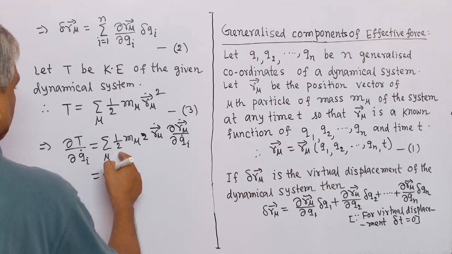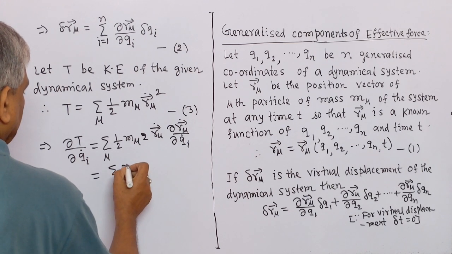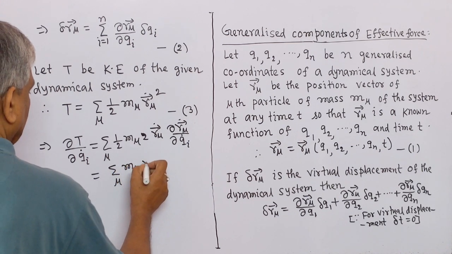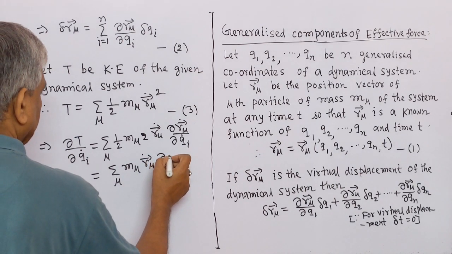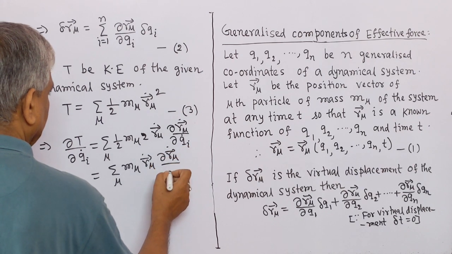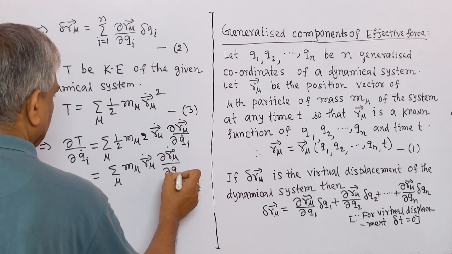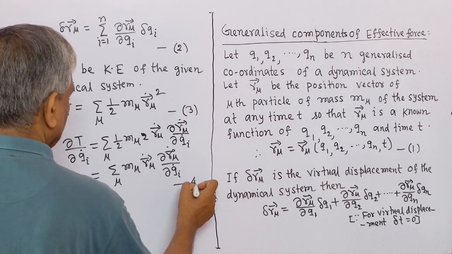This equals, 2 cancels, sigma mu m mu r mu dot, partial derivative of r mu dot by del q i dot. This is number 4.